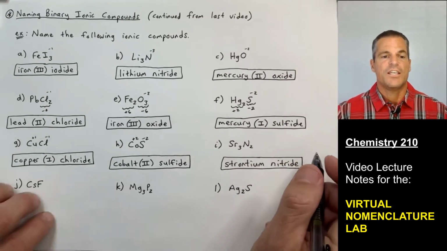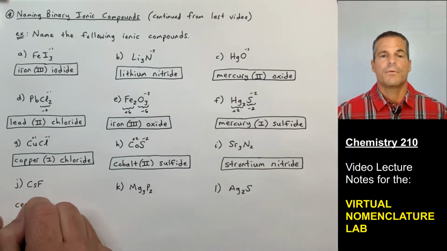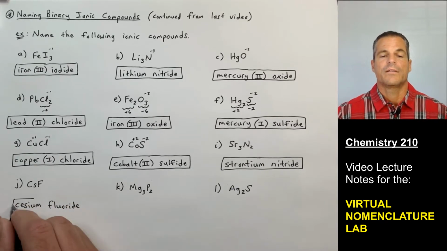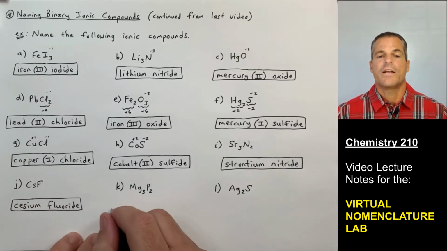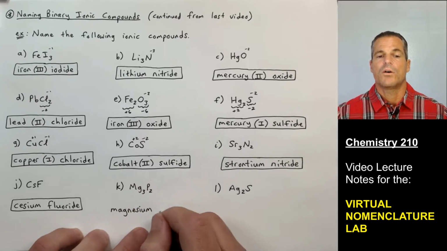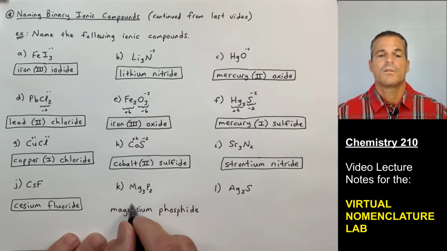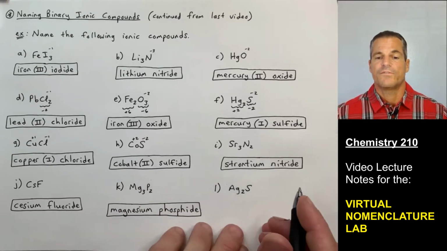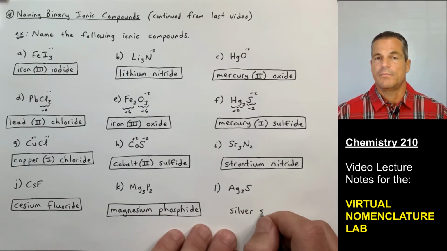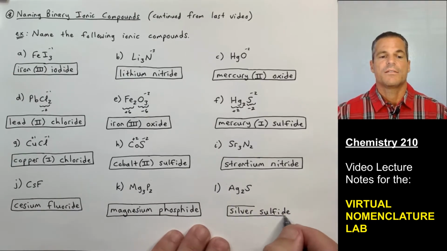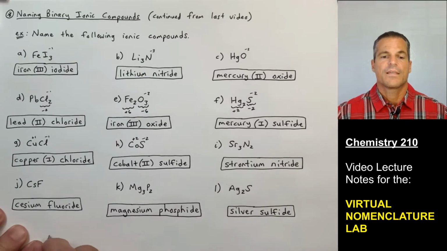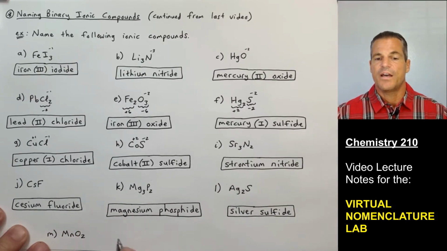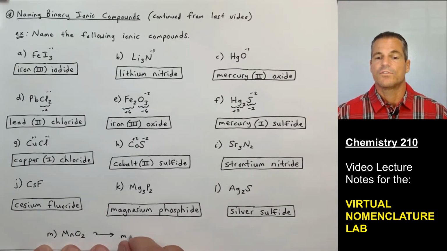For G, CuCl, copper(I) chloride. For H, the -2 on sulfur tells me cobalt must be a +2. Cobalt(II) sulfide. I, strontium nitride. J, cesium fluoride. K, magnesium phosphide, and L, silver sulfide.